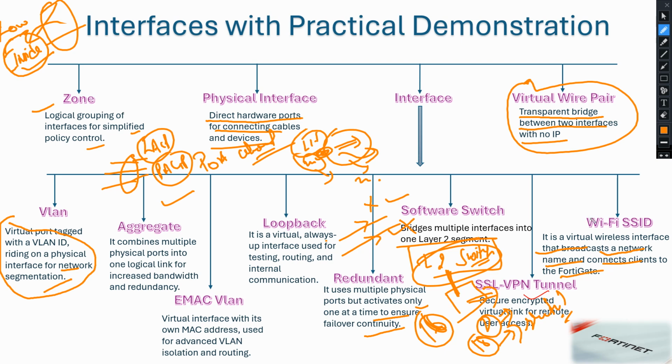Okay, it has the Wi-Fi feature also. There are a number of things here that you can actually create. Okay, so this is all about the theoretical part. You must know what all the interfaces are that we can create in the FortiGate firewall. Let's take a look at the demonstrations.